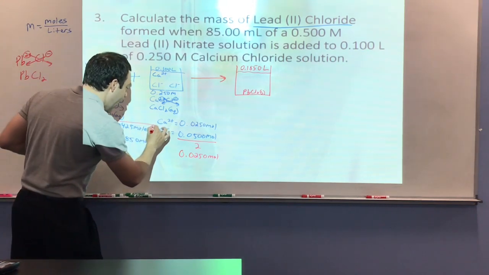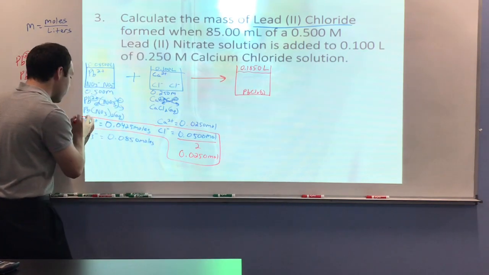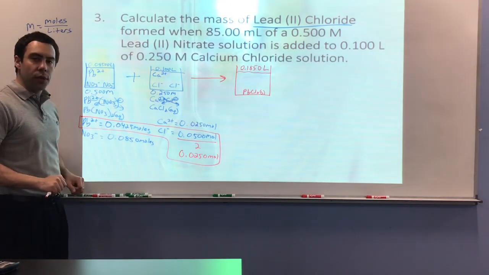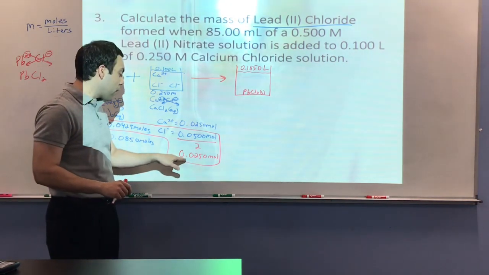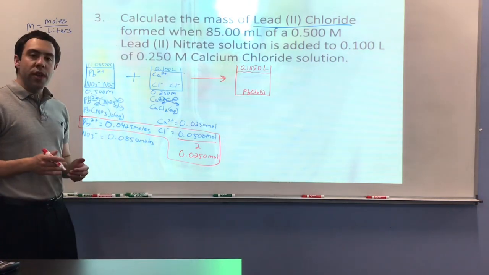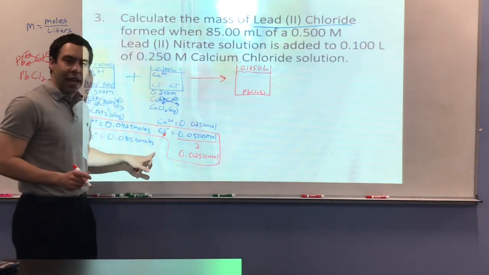When we figure out who's the limiting, who's the excess, we use the original number for lead, 0.0425 moles, and we use the new number for chlorine, 0.0250 moles. We find that the chlorine is the limiting reagent.